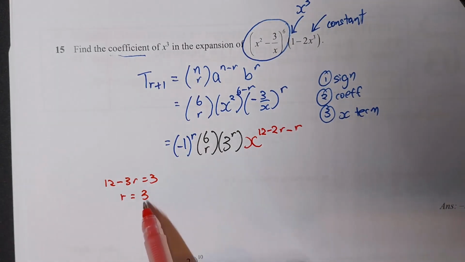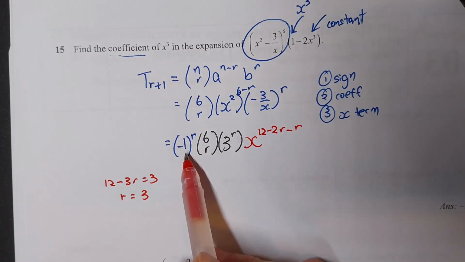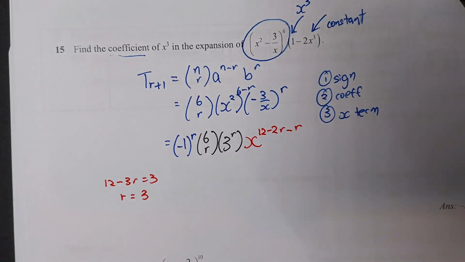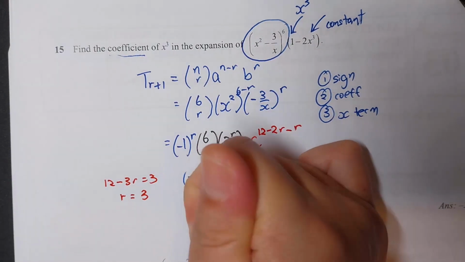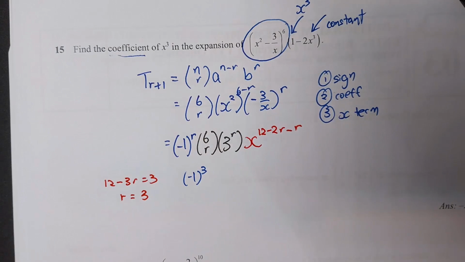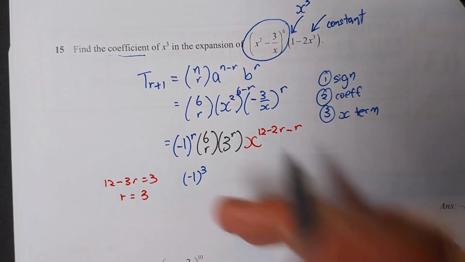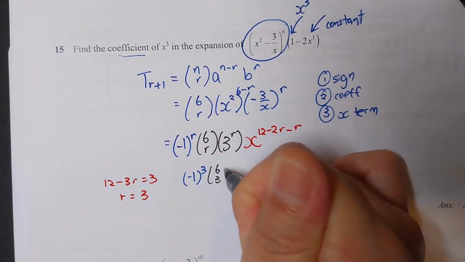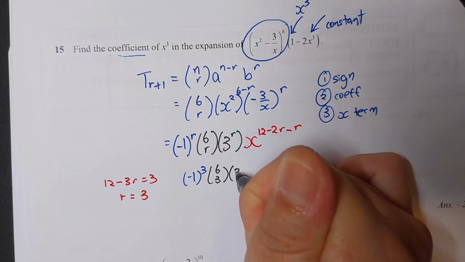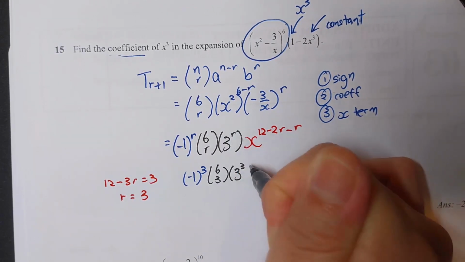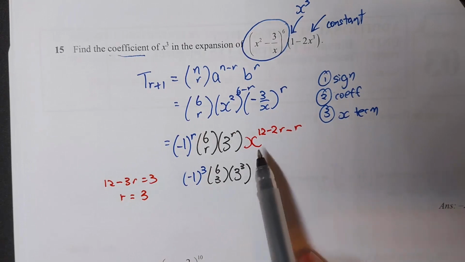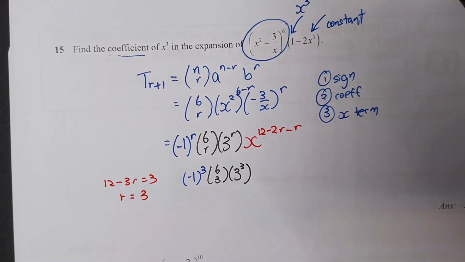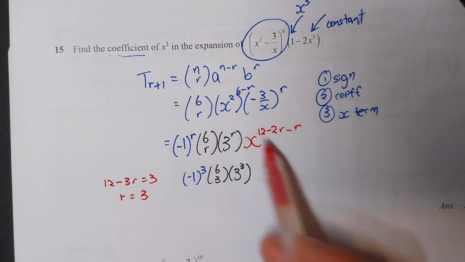So when r equals 3, I will have negative 1 to the power of 3, 6 choose 3, 3 to the power of 3. And here will definitely be x cubed because this was the initial part.